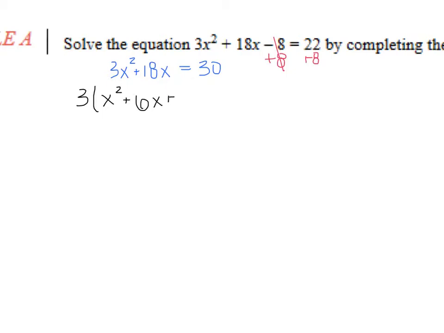And I am going to leave room here to complete my square. And on the other side of the equal sign, remember, whatever we do to one side, we have to do to the other. And since we weren't just adding our perfect square, we're adding 3 times our perfect square, on the other side, we need to do the same.